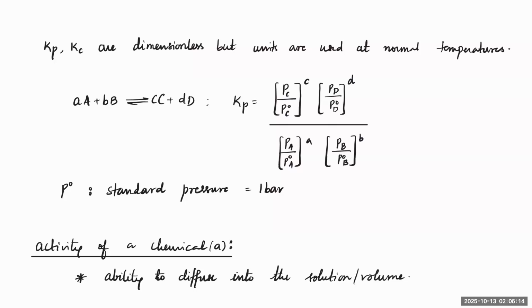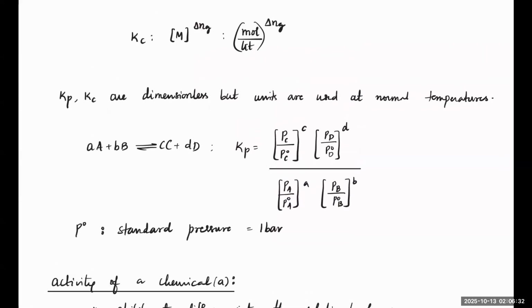In the case of Kc, everything is in terms of 1 molar concentration, so these will get cancelled and there will not be any dimensions. So remember two types of Kp, one with dimensions and one without dimensions.